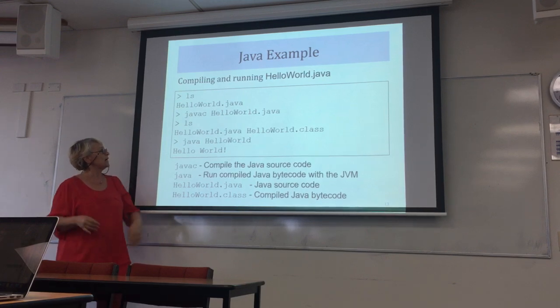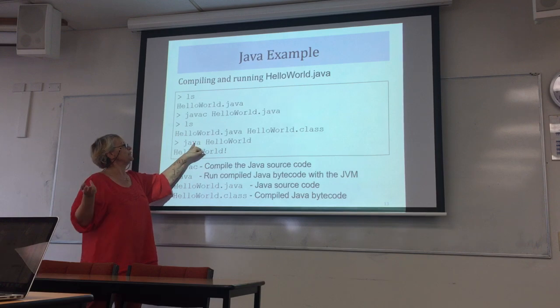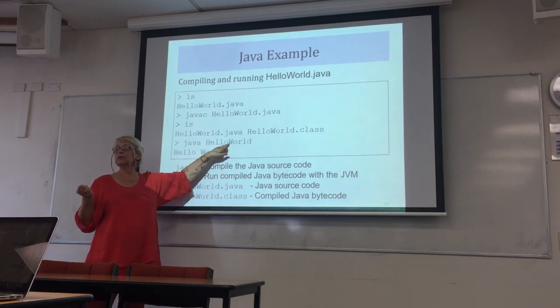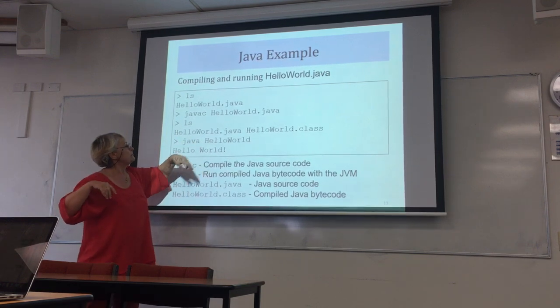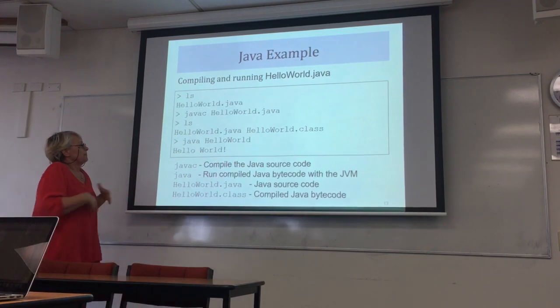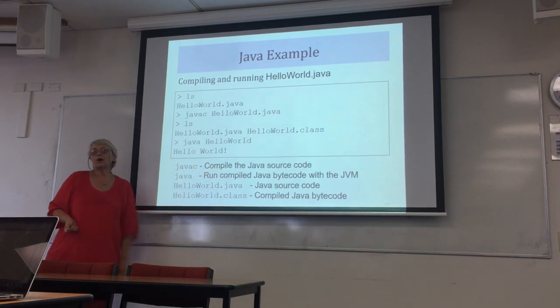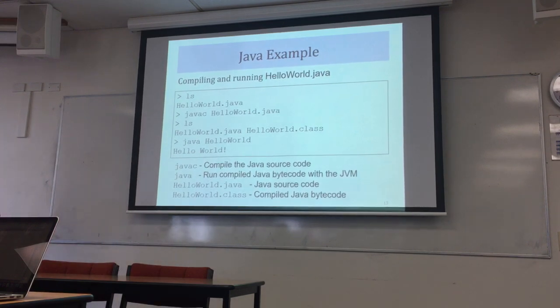Assuming that everything works, then you call the JVM on HelloWorld with nothing. So the JVM will work on this HelloWorld class and do those things I mentioned, and then the output is there.